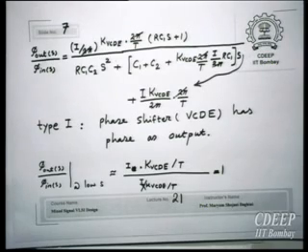I'm just looking at what will be the DC value. If I have say a step change at the input, there will be some change at the output, and finally these two will be equal.